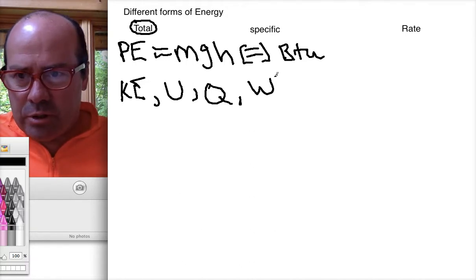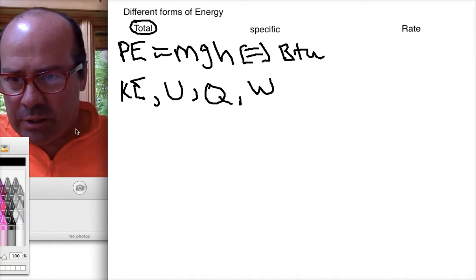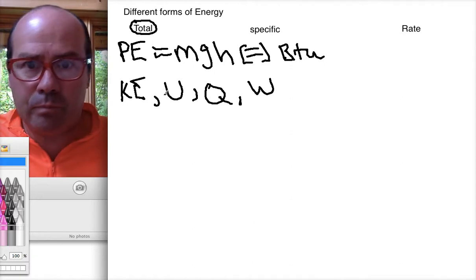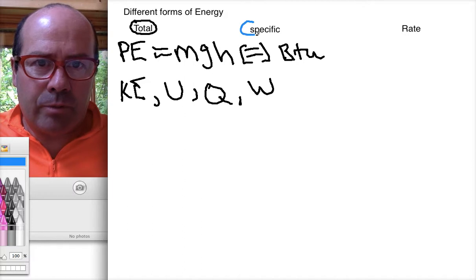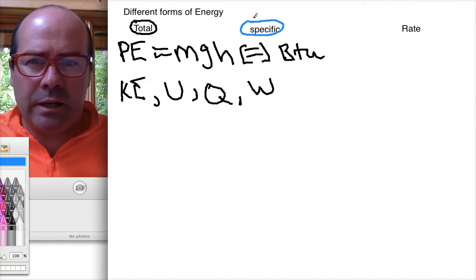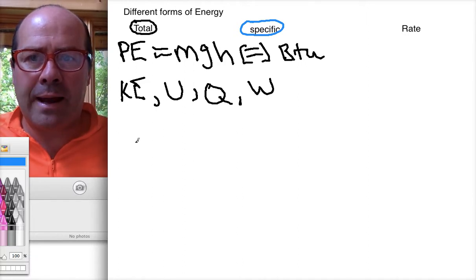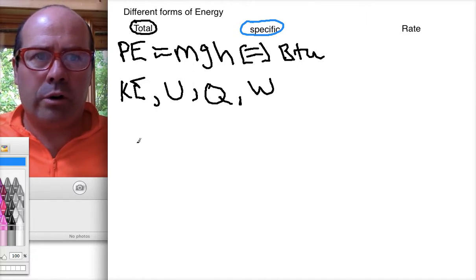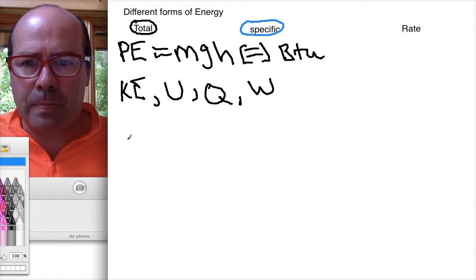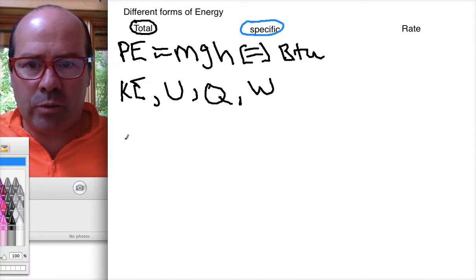So then if we want to say, well, what's the big deal here? Well, let's take a look at another form of energy, and we'll talk about specific energy. Now, specific energy is simply total energy per unit mass, or divided by mass. And for specific energy, we use lowercase letters.